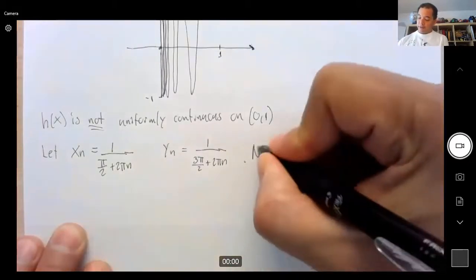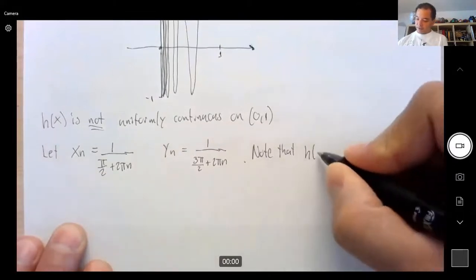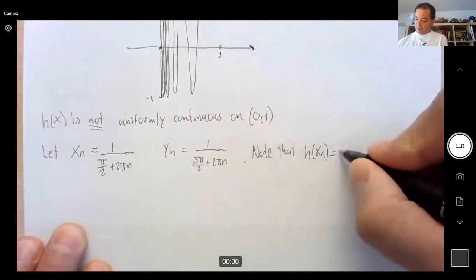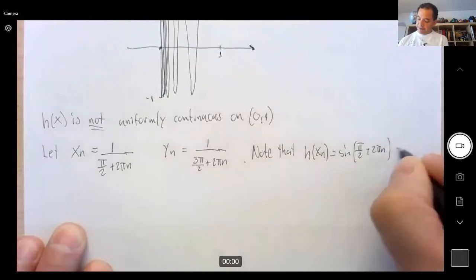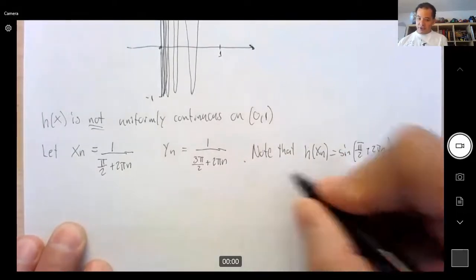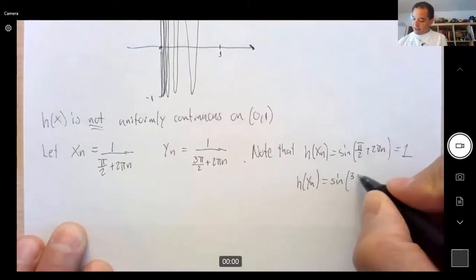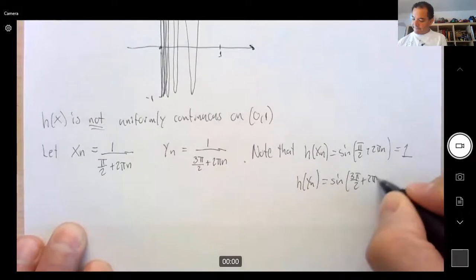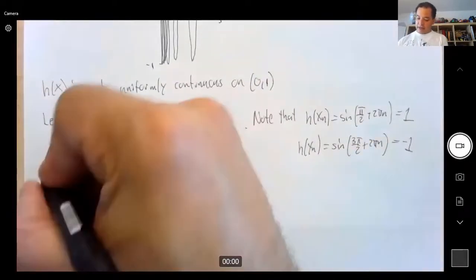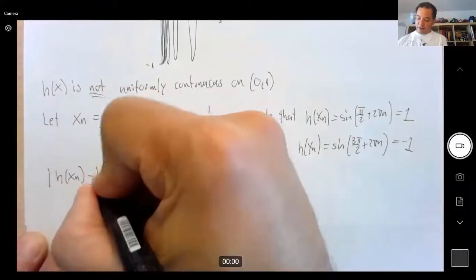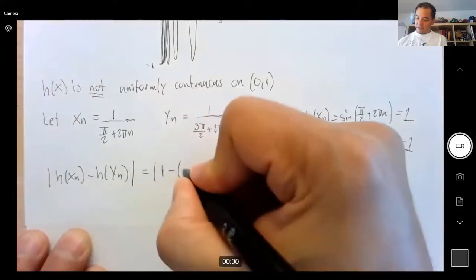So if I plug them in, h of xn will be sine of (pi over 2 plus 2 pi n), that's 1, and h of yn is sine of (3 pi over 2 plus 2 pi n), that's -1, right? So what's the difference? How far apart are h of xn and h of yn? Well, they're 2 units apart, right?